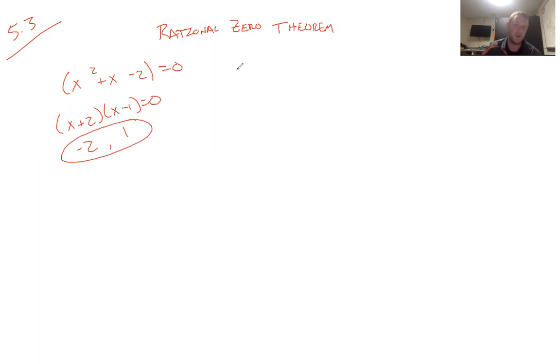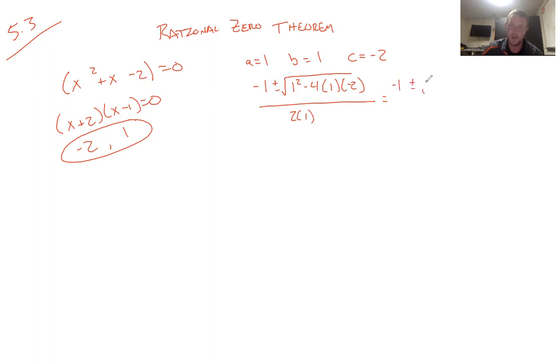Or I could use the quadratic equation, where a is equal to 1, b would equal 1, c is equal to -2, and then I'd plug it in. So -1 plus or minus the square root of 1 squared minus 4 times 1 times -2 divided by 2a, which is 2 times 1. Work it out, -1 plus or minus the square root of 1 plus 8 over 2.